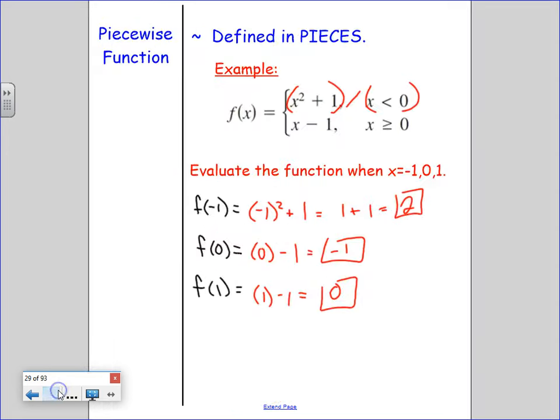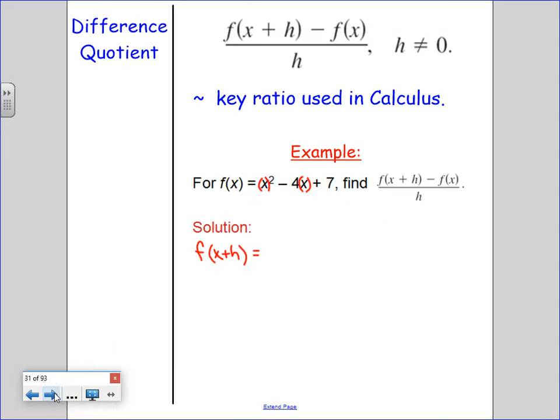So let's come back to our example. It's something even a little harder still. But what is it? Whatever they tell us. So X plus H goes inside to replace what was there before. Think of it as a box that needs to be filled in. So you have X plus H. Nice.